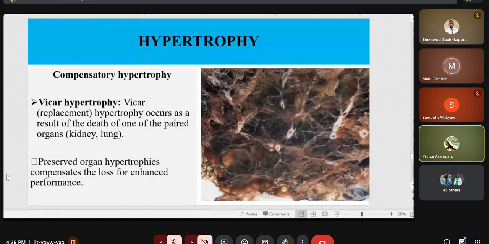And the eyes too. So it's like that, paired organs. That's how it is.